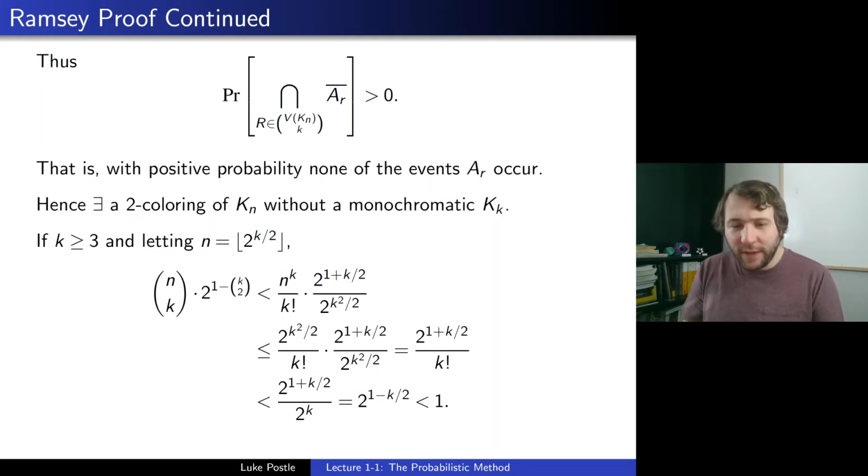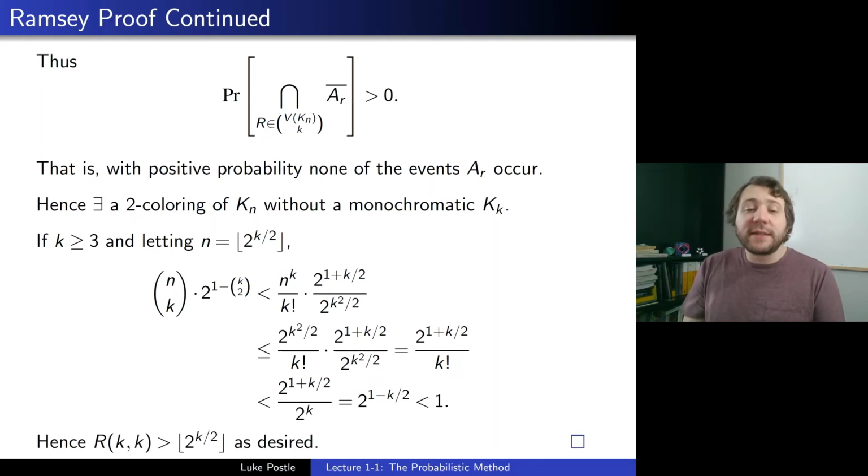And hence we get the inequality, and thus that R(k,k) is greater than 2^(k/2) as desired. All right, so that is our first proof, this classic Ramsey number bound.